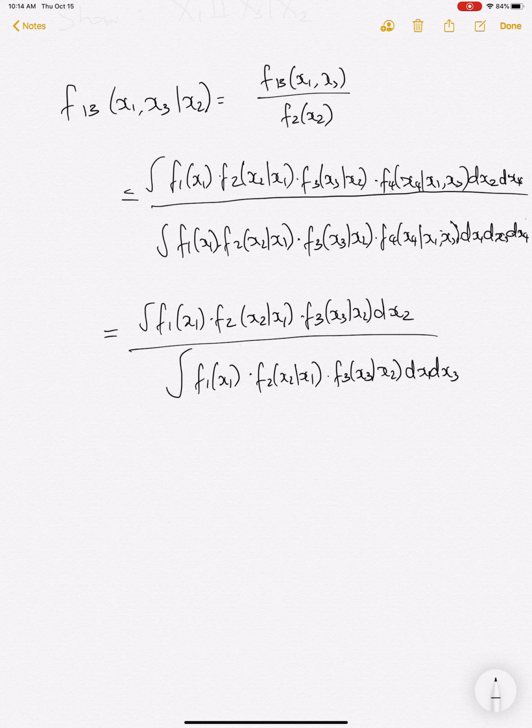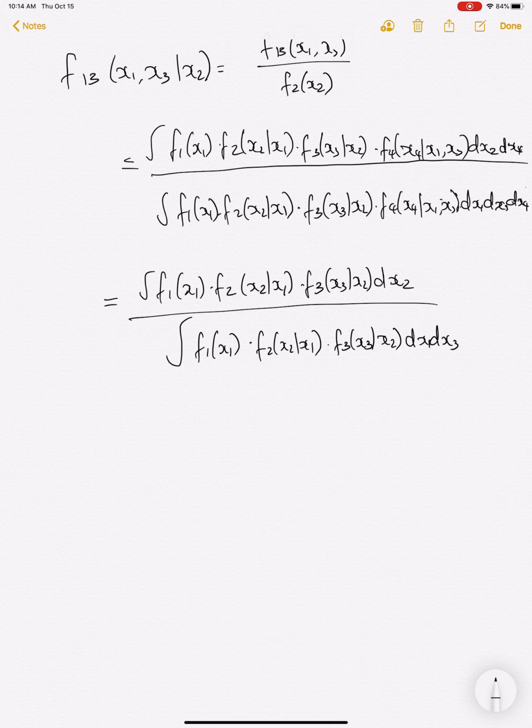Okay, and yeah, so with the cancellation of the x4s, this is what we're going to get.